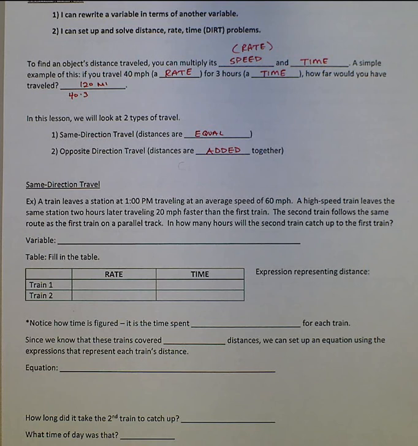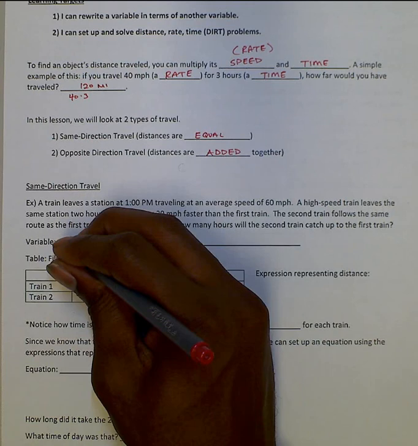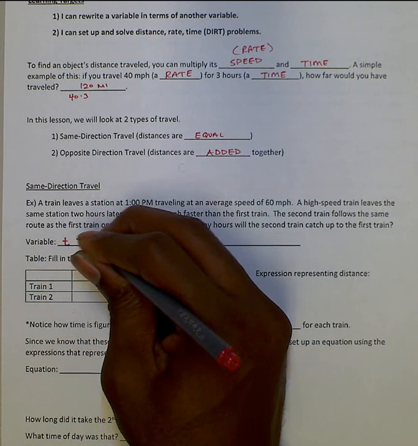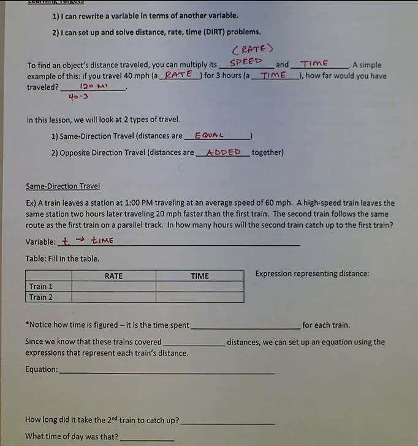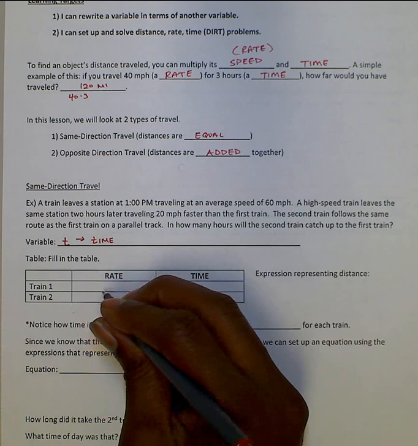So, looking at what we want to find out, we want to know time. Time is our variable. Everything else we can kind of figure out. So what we're going to do is fill in all the stuff that we know. It tells us that train 1 leaves at an average speed of 60 miles per hour.